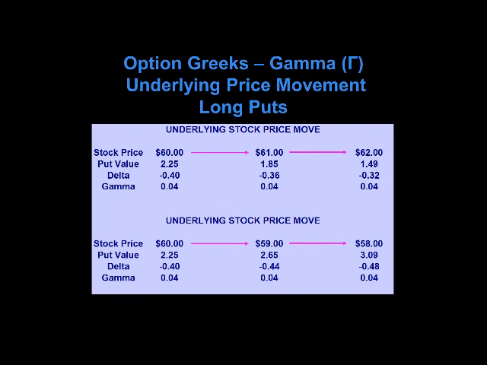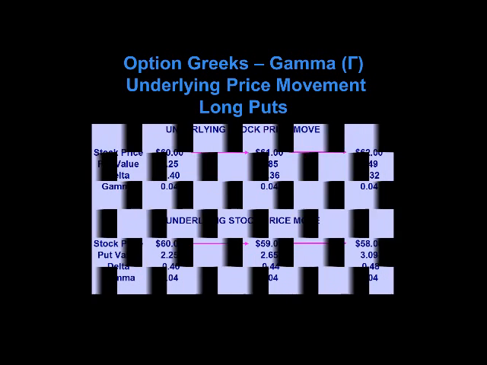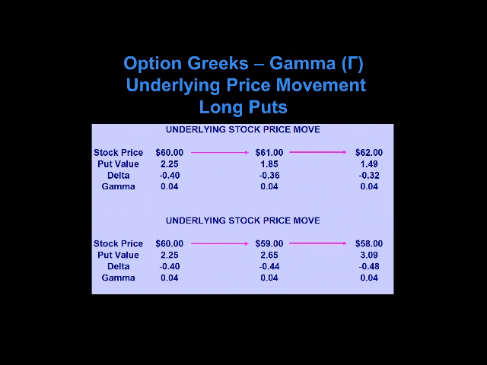Again, I want you to notice right here, long calls, positive delta, positive gamma. Long puts, negative delta, positive gamma. Gamma will always be positive when you're long. Why? Well, it's just the way it is. Gamma is positive when you're long.